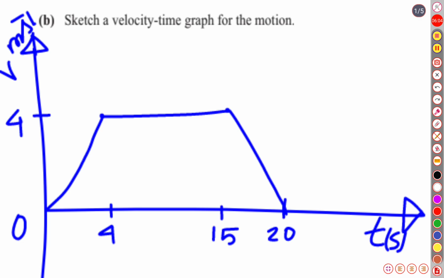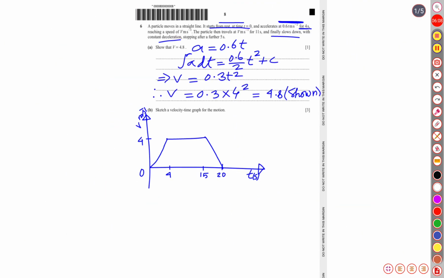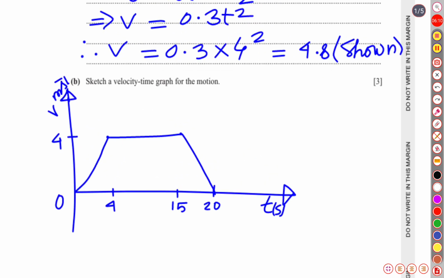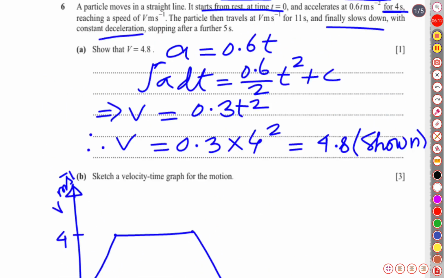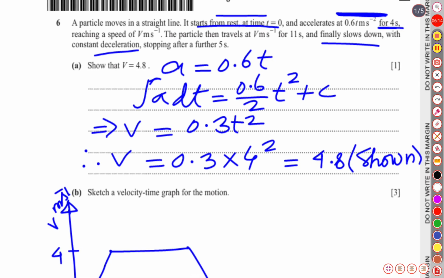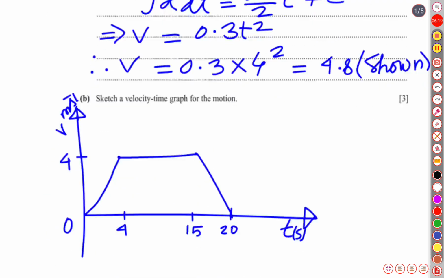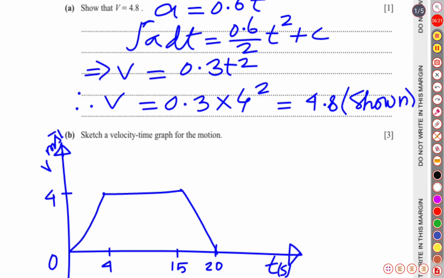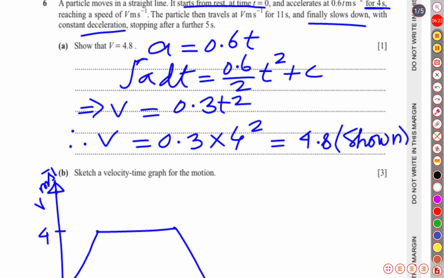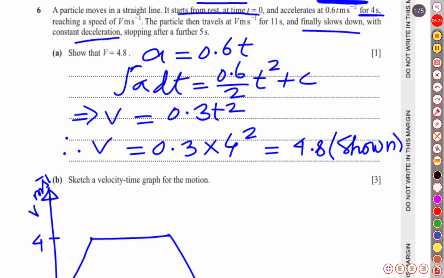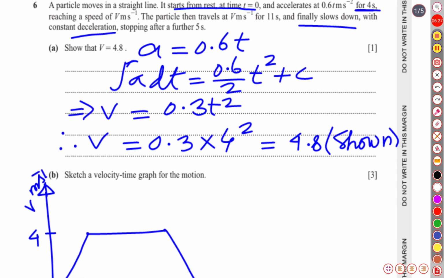So let us see whether we are on the right track or not. Yes, it says that it first accelerates at 0.6t meters per second squared for 4 seconds. Yes, it is 4. Then, reaching a speed of v, the particle travels at v meters per second for 11 seconds.